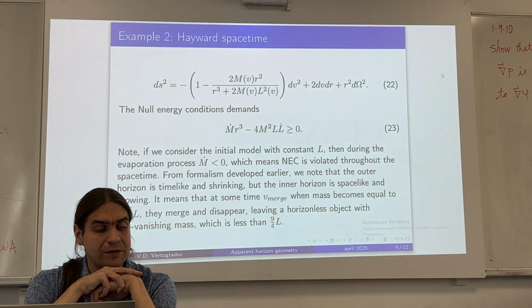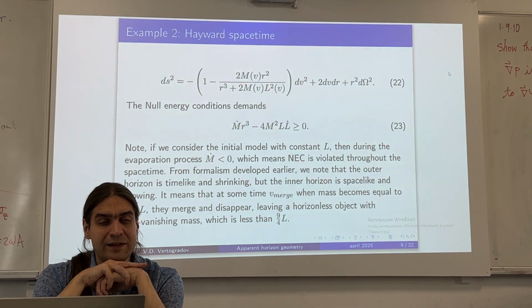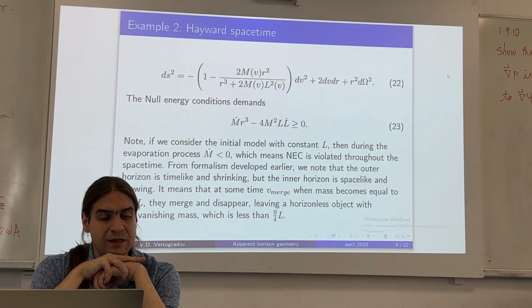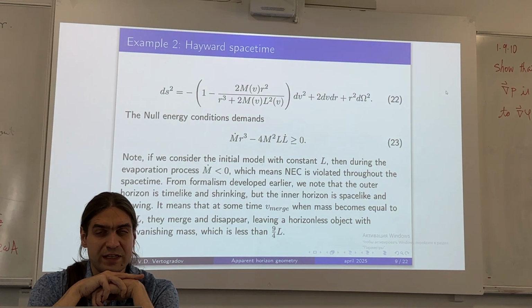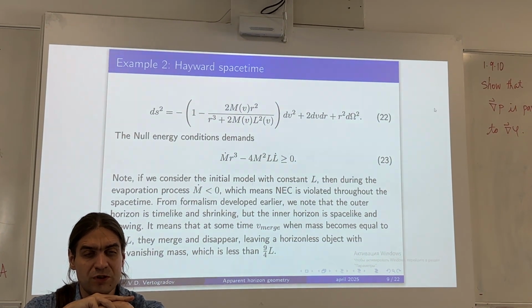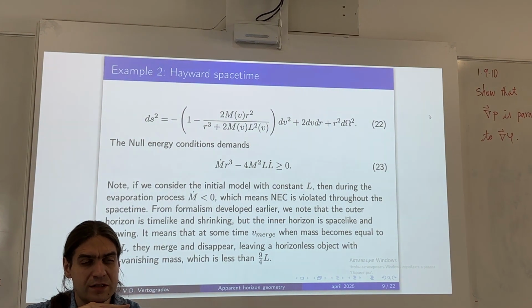When we consider just mass evaporation, then the null energy condition is violated in the whole spacetime. It means that both horizons tend to each other, and because it consists of two horizons, they merge and disappear.